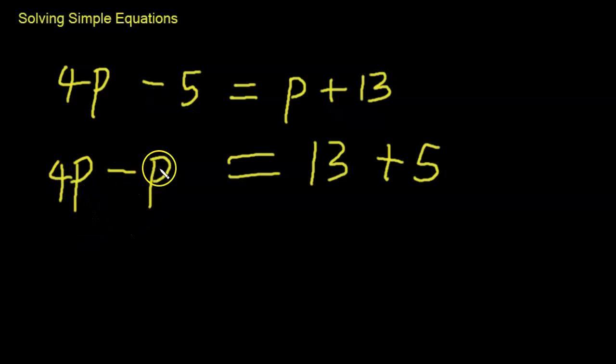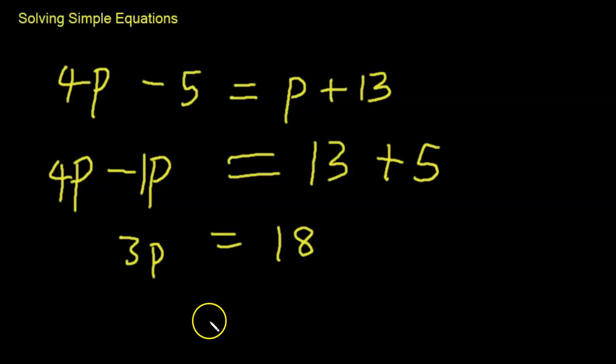So 4p, and by the way, p really means 1p. Just as x is 1x. Traditionally we don't normally put the 1 in front of the term, but it's 1p. So it's negative 1p here. So 4p minus 1p, that's 3p. And 13 plus 5, that's 18.